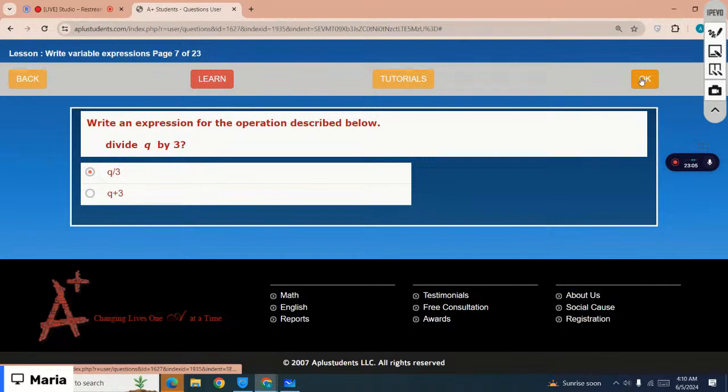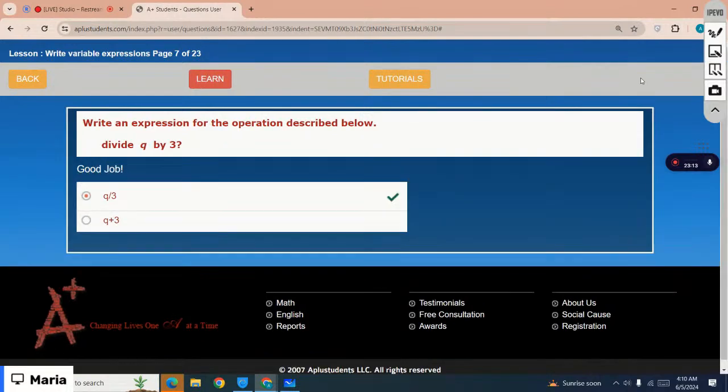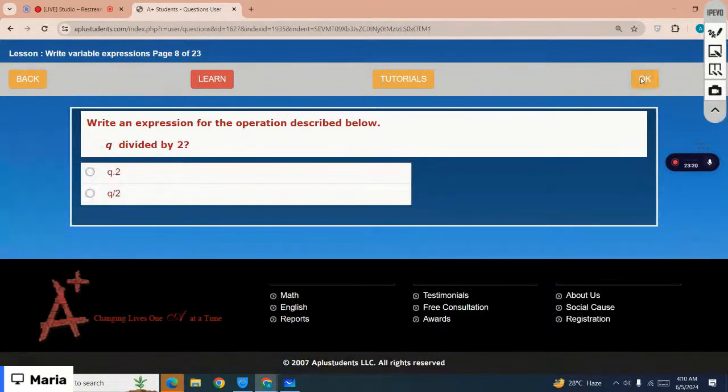Option number 1 is the correct option. Write an expression for the operation described below. q divided by 2, which is the correct option? Yes, option number 2 is the correct option.